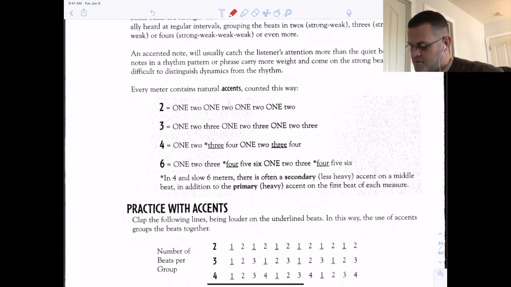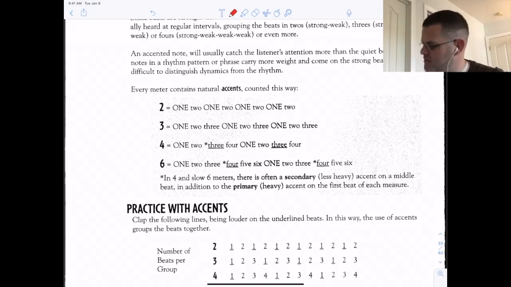So beat 1 of 2, 1, 2, 1, 2. 3s go 1, 2, 3, 1, 2, 3, the 1 is accented. 4s, 1, 2, 3, 4, 1, 2, 3, 4, 1 being the strongest beat and 3 being a secondary beat. And 6, 1, 2, 3, 4, 5, 6, 1, 2, 3, 4, 5, 6, with 4 being the secondary beat and 6.